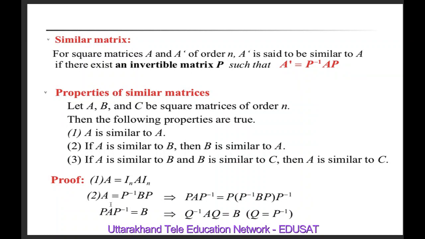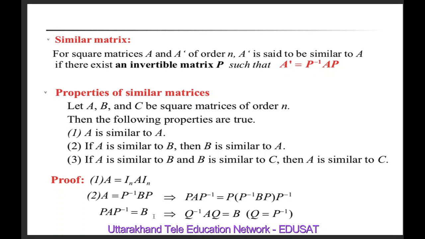If A is similar to B, then we can write A equal to P inverse B P. If we pre-multiply by P and post-multiply by P inverse, we get P A P inverse equal to P P inverse B P P inverse. P P inverse is nothing but the identity matrix, and the identity matrix multiplied by any matrix is the matrix itself.